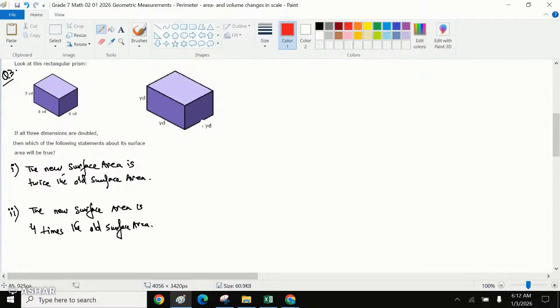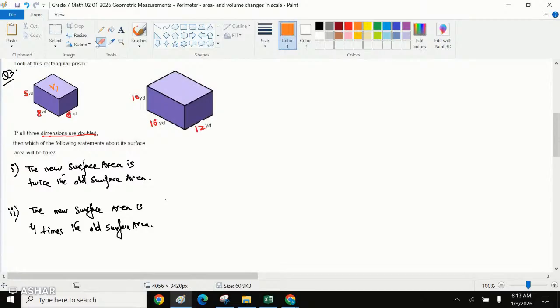This was 5, this becomes 10. This was 8 yards, this will become 16 yards since the dimensions are doubled. This was 6, this becomes 12 yards.